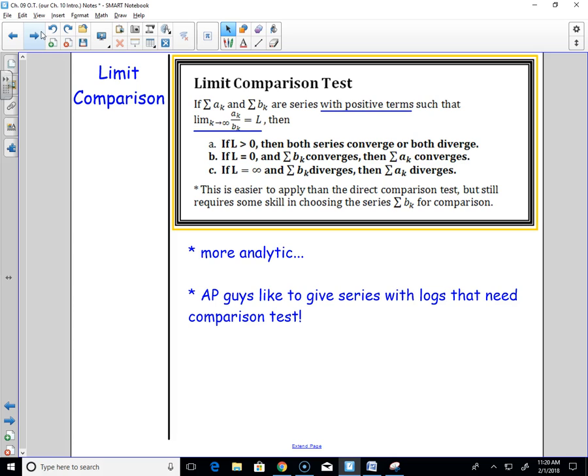Limit comparison says we don't need that whole less than, greater than thing. That makes this one a bit more convenient, hence the note at the bottom. This is easier to apply than the direct comparison. However, just like the direct comparison one, you can choose series to compare to that don't tell you anything.